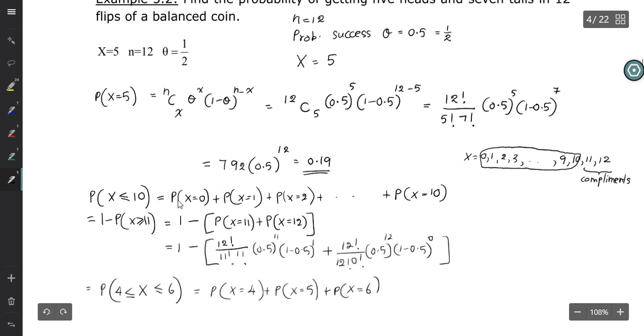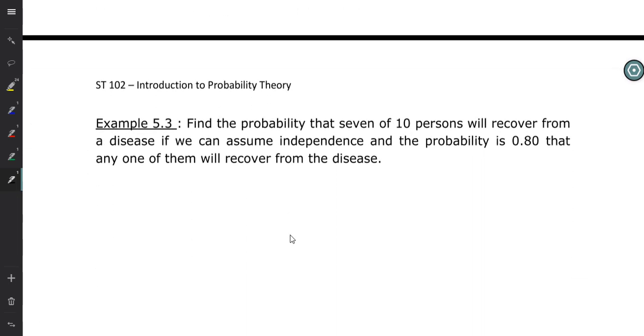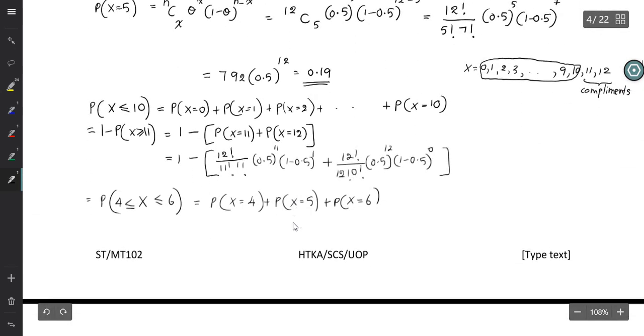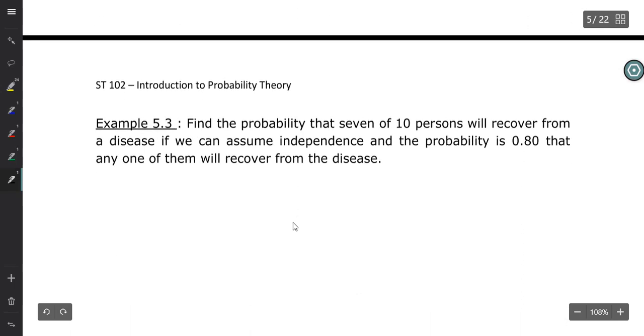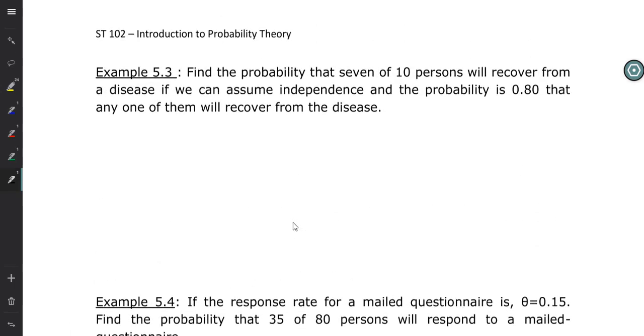But what will happen if you end up with your n being very large and your theta not that easy to handle? So we do not use the hand calculation or this formula all the time. In order to answer this type of questions, you can easily use the available binomial table.